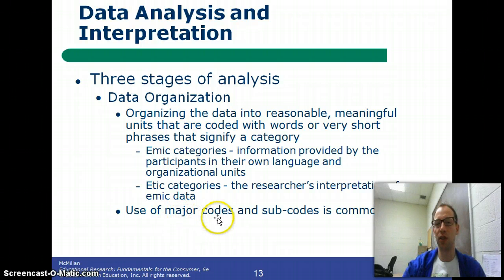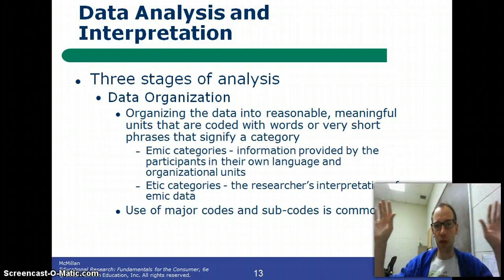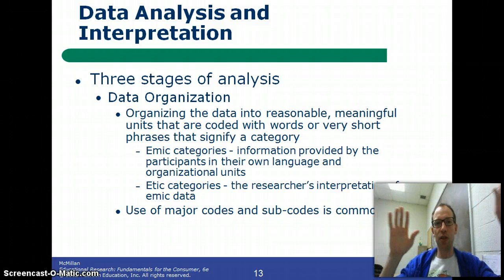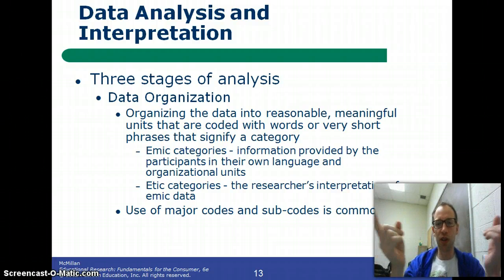Oftentimes you'll do major codes and then go back through and do some kind of subcoding. You'll probably have to go through the data a couple times because it's very easy to miss things when you have 30 different codes and you're reading these quotes. It's so hard to keep all 30 of those in mind and try to understand what's going on.